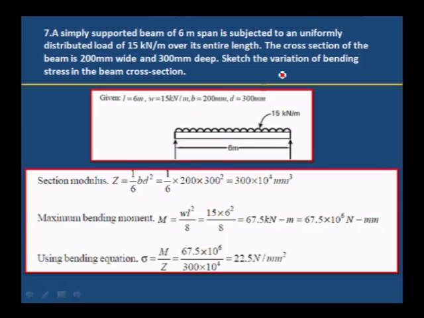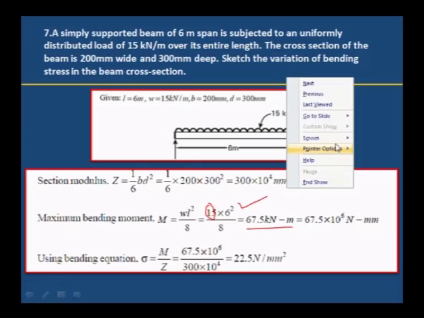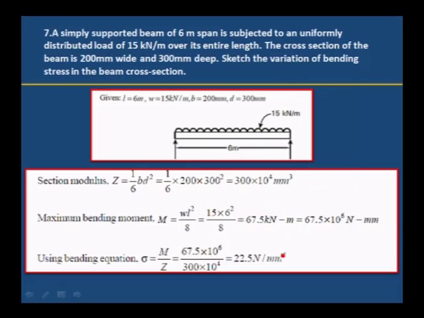W value is 15 and L is 6, divided by 8. That you will get as 67.5 kilonewton meter. You convert this kilonewton meter into Newton mm by multiplying with 10 to the power of 6. 67.5 into 10 to the power of 6 is the maximum bending moment.